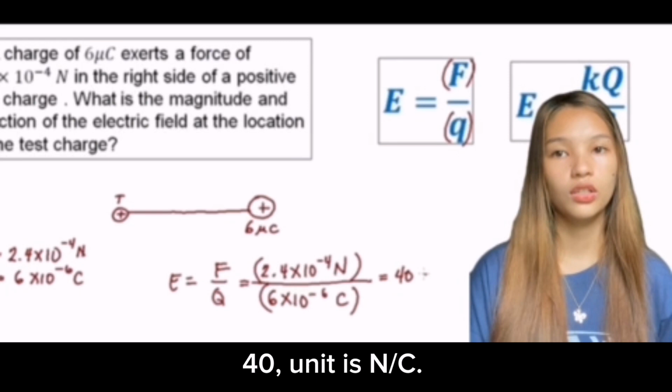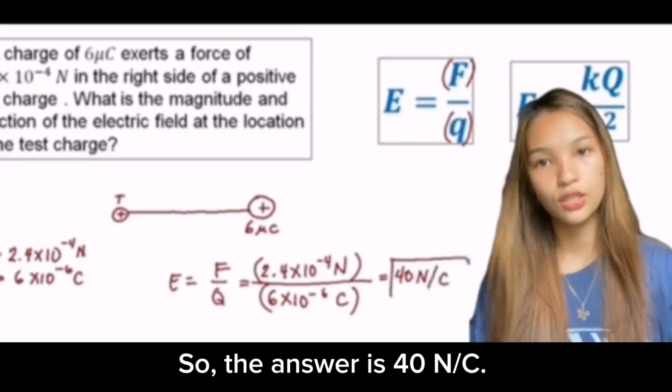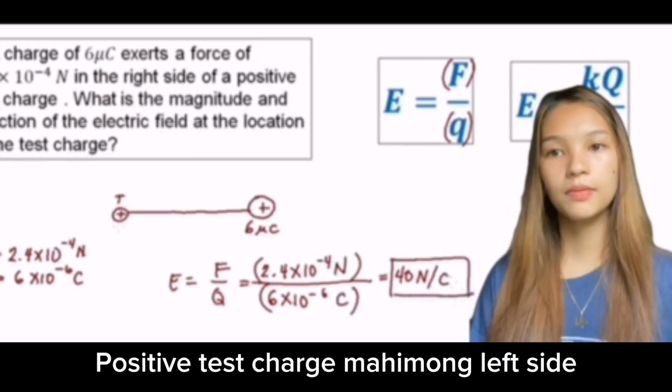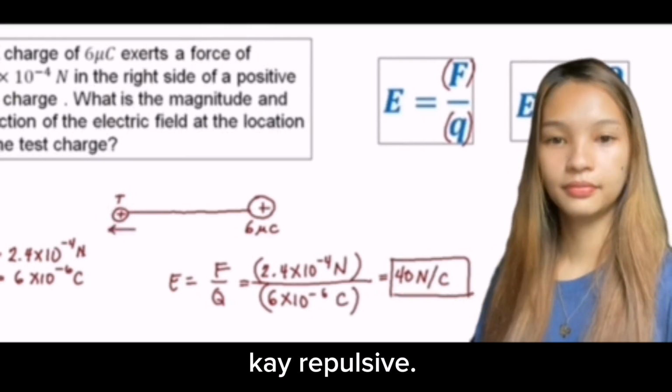The unit is Newton per coulomb, so the answer is 40 Newton per coulomb. A positive test charge may go to the left side because it is repulsive.